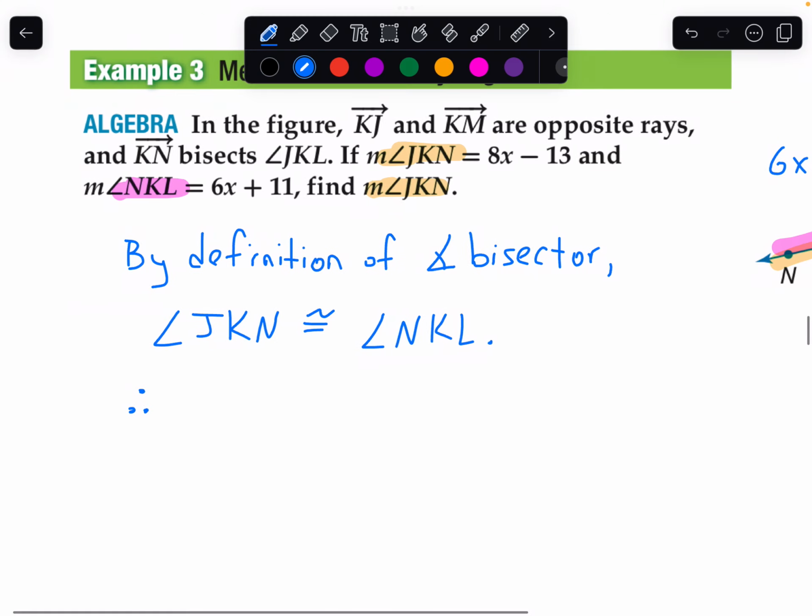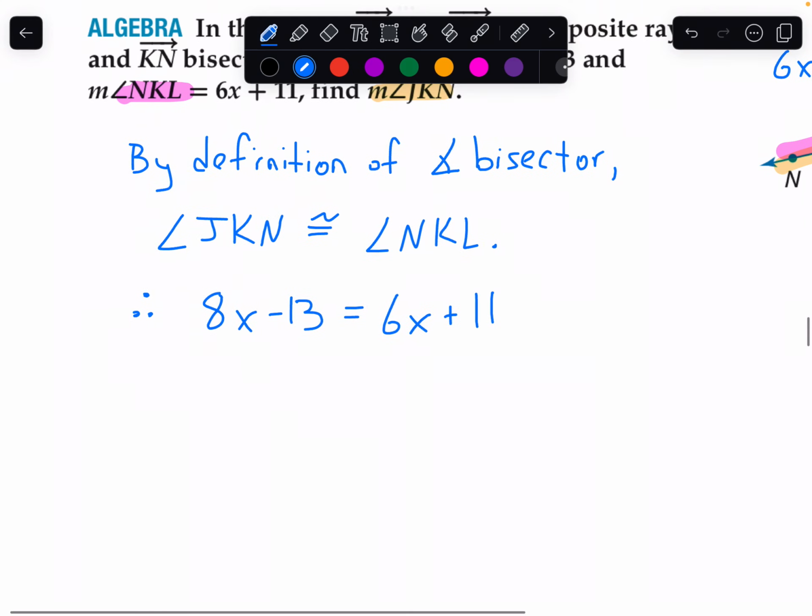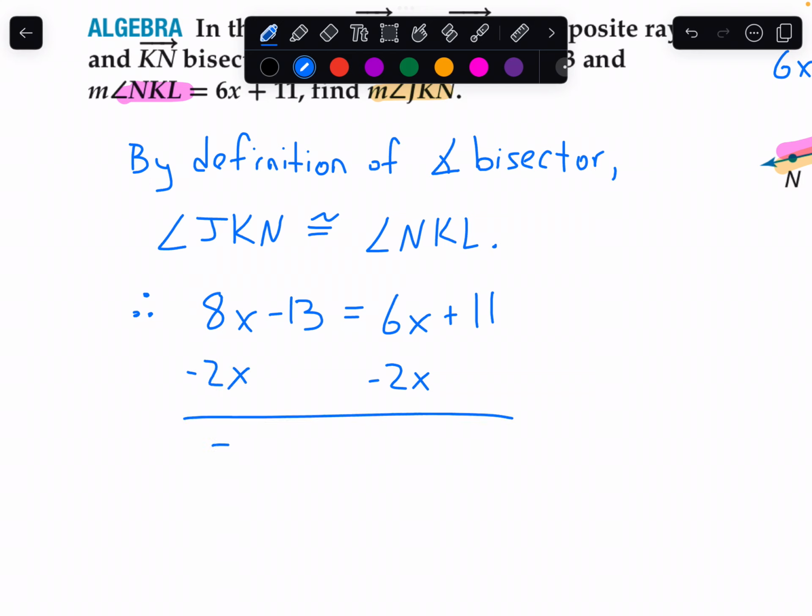Therefore, the two given measures are equal. So I can set up my equation, 8x minus 13 is equal to 6x plus 11, and now we can solve for x. I will subtract, not 2x, I'm already thinking ahead. Excuse me. Subtract the 6x from both sides.